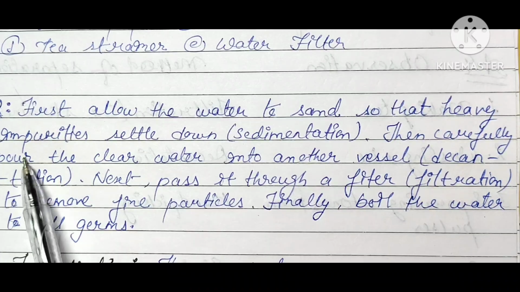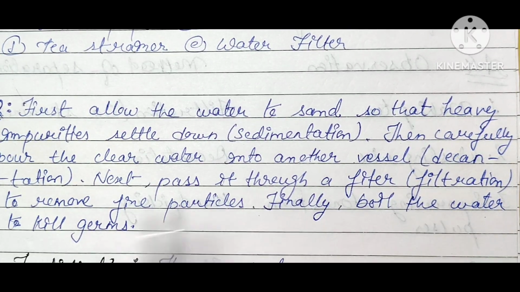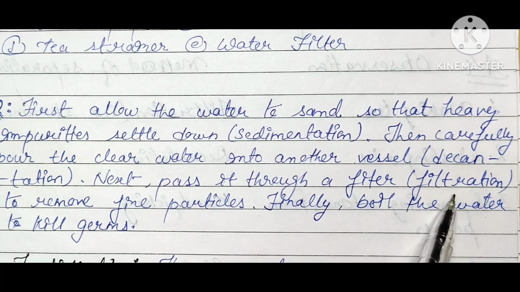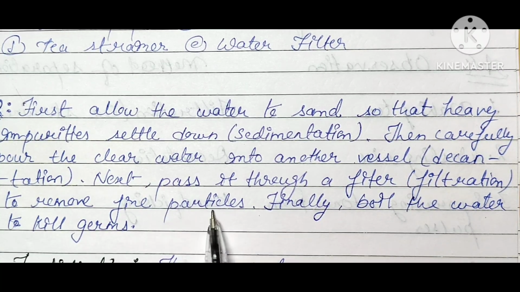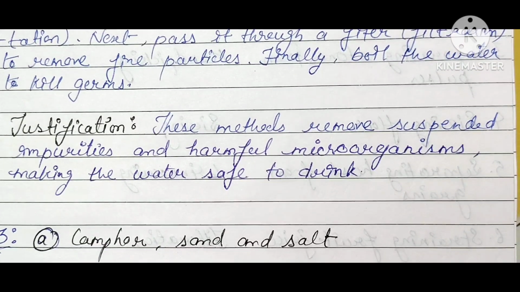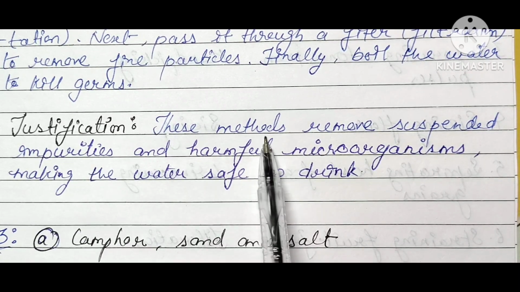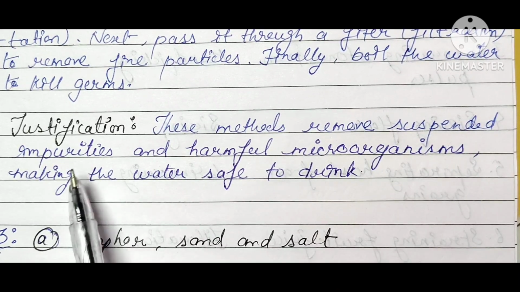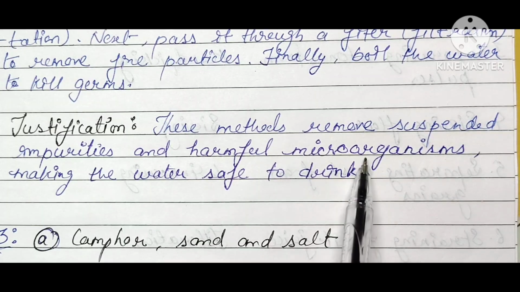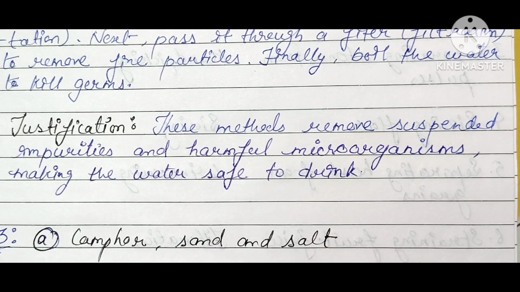Then carefully pour the clear water into another vessel. Decantation. Next, pass it through a filter to remove fine particles. Finally, boil the water to kill germs. Justification. These methods remove suspended impurities and harmful microorganisms, making the water safe to drink.